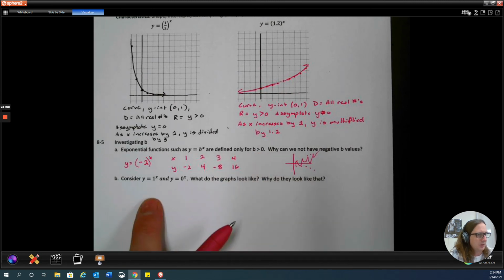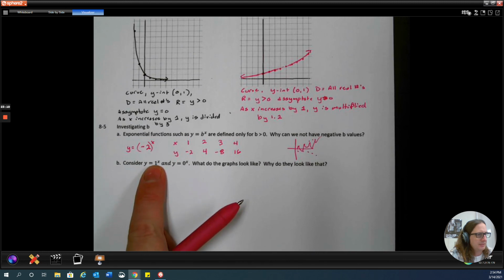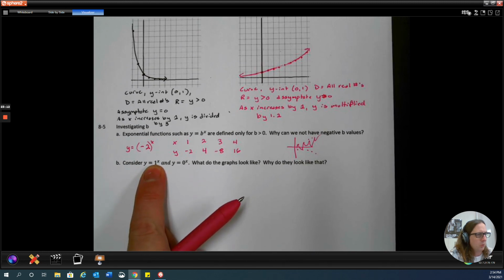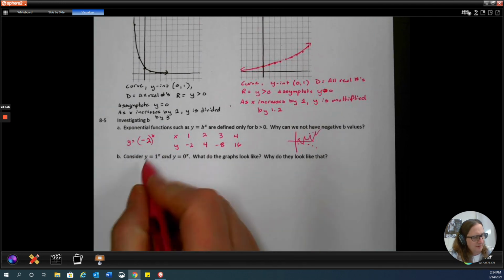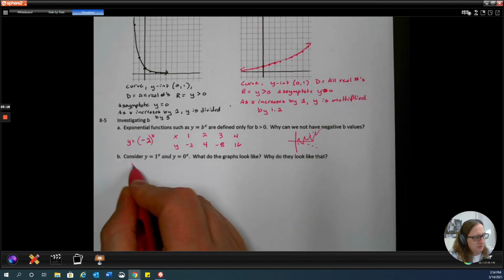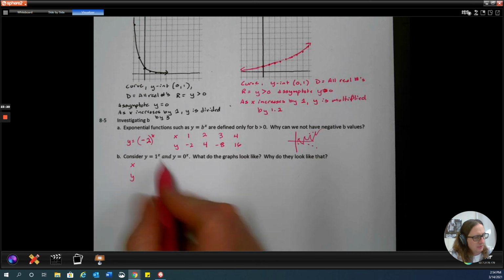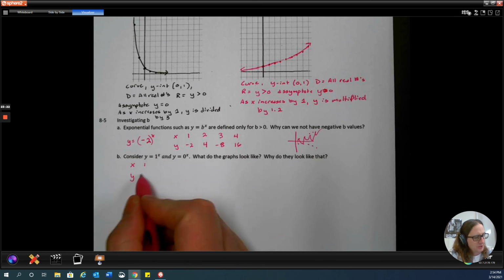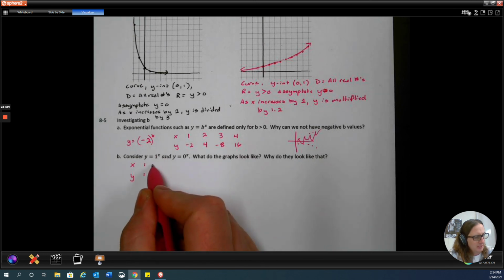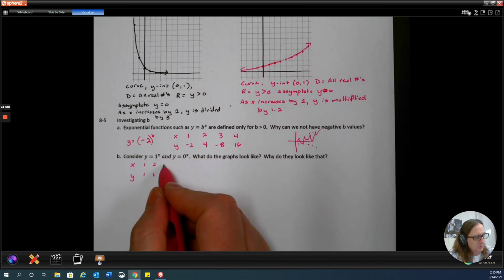Now let's think of other graphs. What if we've got y is equal to 1 to the x? Well, if I did an x value and a y value chart for that one, if I plug in 1, 1 to the first is 1. If I plug in 2, 1 to the second is 1. If I plug in 3, 1 to the third is 1.